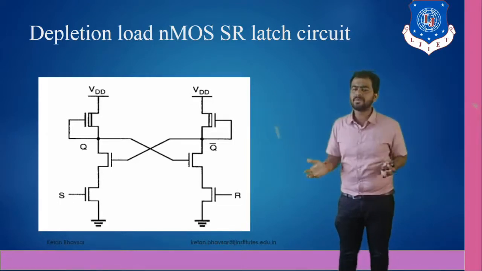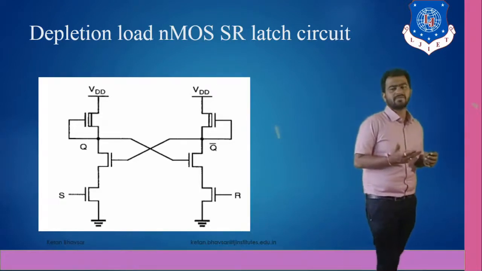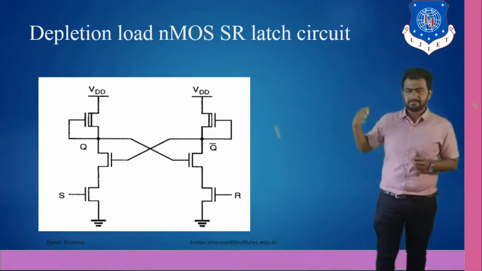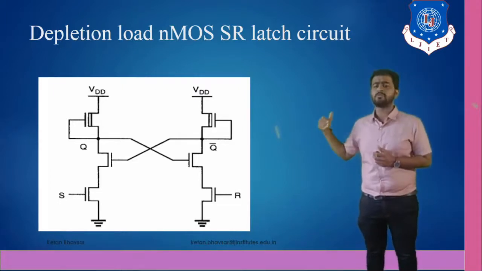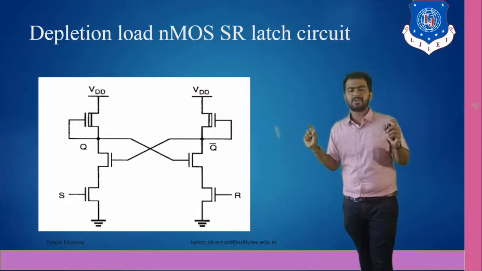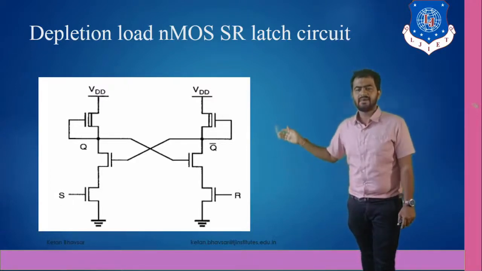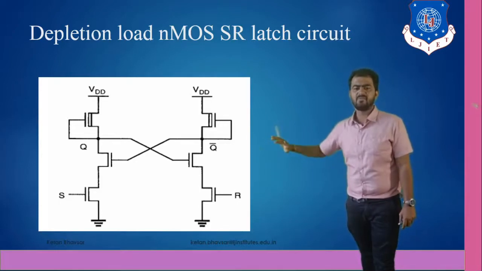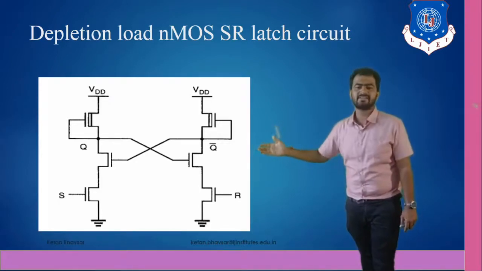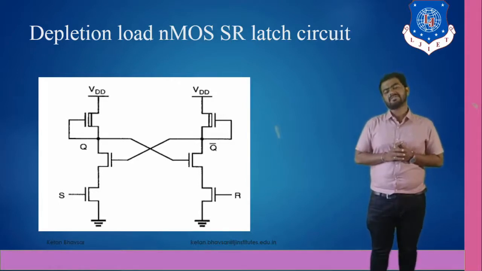So we remove the PMOSes, two PMOS from the S side and two PMOS from the R side. So only one depletion load is there. Only NMOS is there, we remove the PMOS, and it is a cross connection because of the connection diagram that we already saw in the first slide.